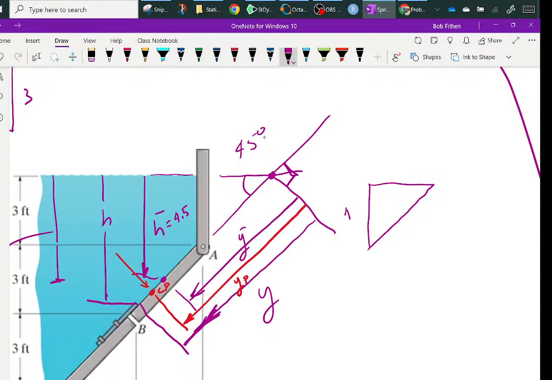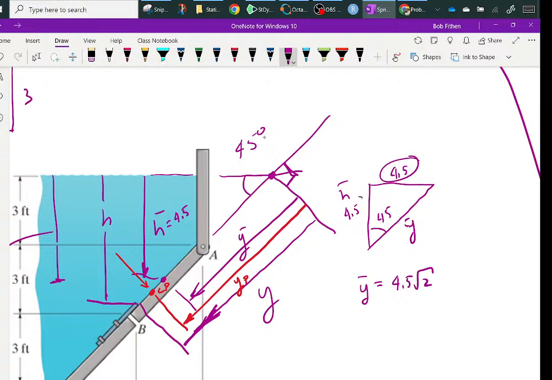So if this is 4.5, meaning it's h bar, and this is y bar, and this is 45, and this is 4.5 too, then I would say that your y bar would be, it's 4.5 on both, so it'd be 4.5 times square root of 2.